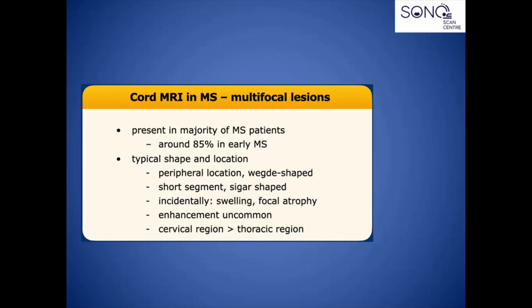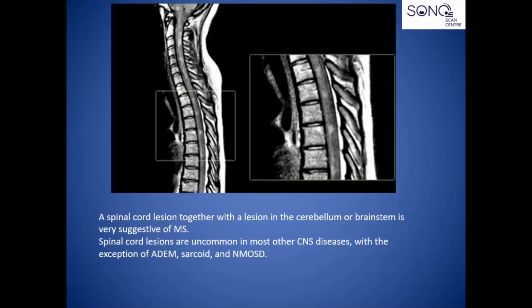They are short segment and not continuous. Some may have focal swelling of the cord, and some may have focal atrophy of the cord. Enhancement is not mandatory. Mostly in spinal demyelinating lesions, enhancement is uncommon. This is how MS lesions present in the spinal cord.